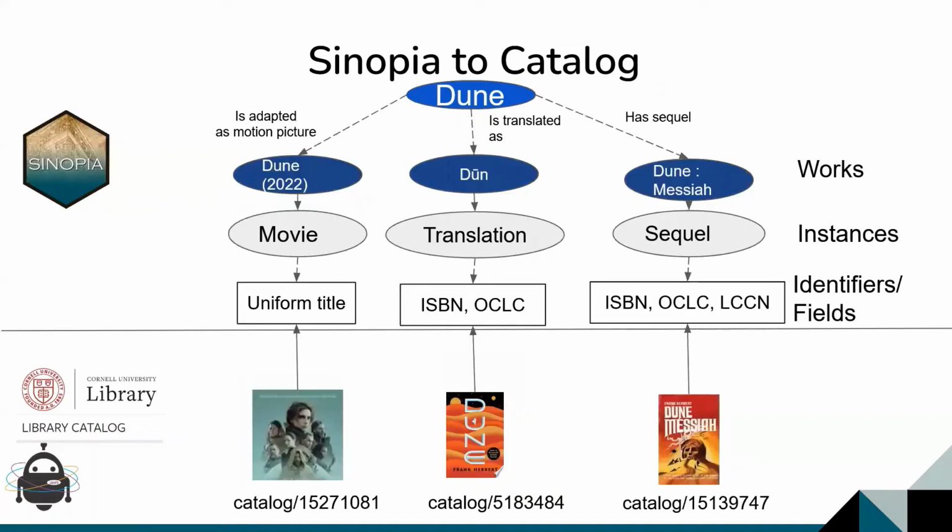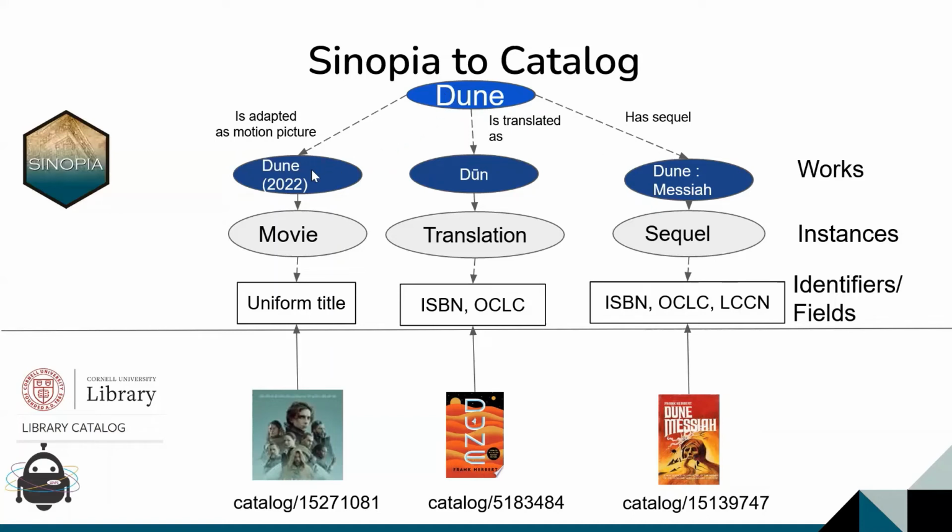This picture shows how we are using BIBFRAME to represent relationships between works and then using that information to look up catalog records. So at the very top, we have the main Dune work that we've used for this prototype example. Directly underneath, we have works that are related to the main Dune work.